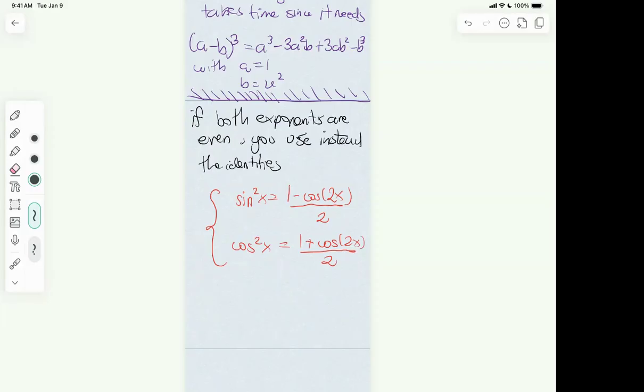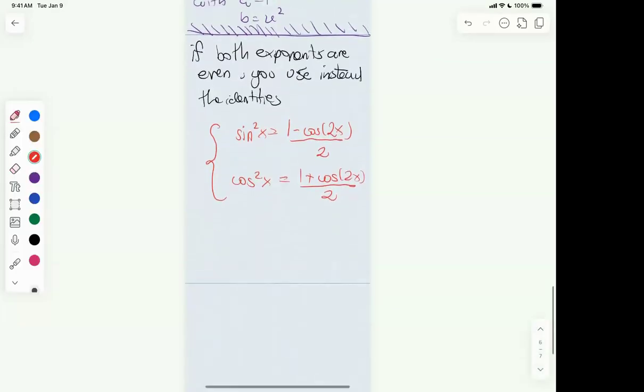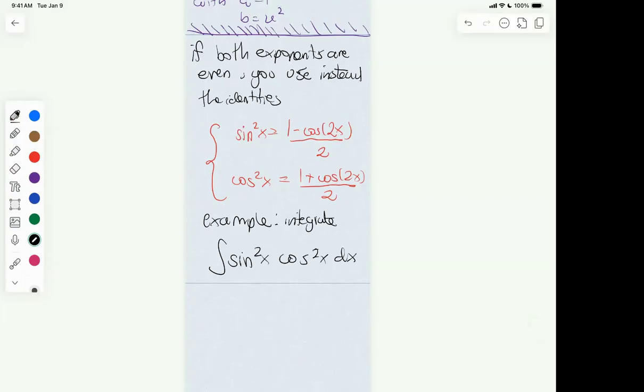So, for example, just to illustrate this, let's do this example here. It's the smallest example to illustrate this, because at least you need both powers to be even.